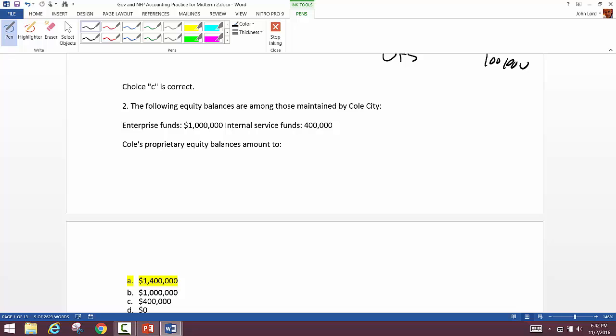So the total proprietary equity is what? $1,400,000, right? Now this one is simply testing: do you know the definition of proprietary funds? This is back to basics. Okay, good. Come down.